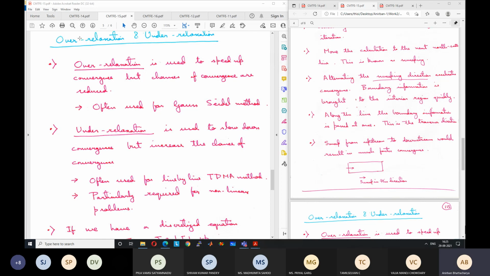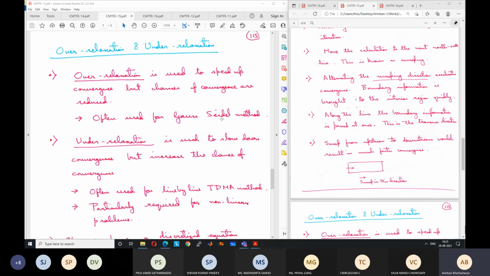A small point also needs to be discussed, which is known as over relaxation and under relaxation. Then we will go into the next chapter. So what is this concept of relaxation? Some of you are already using CFD tools like ANSYS, or some codes, for your projects.